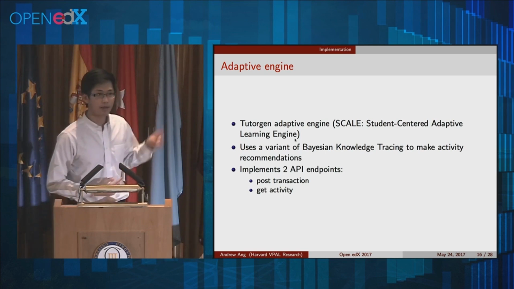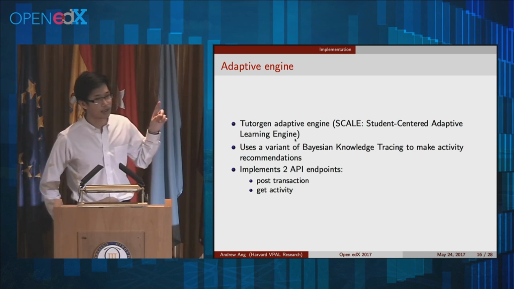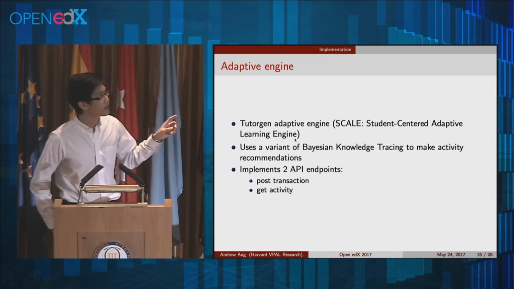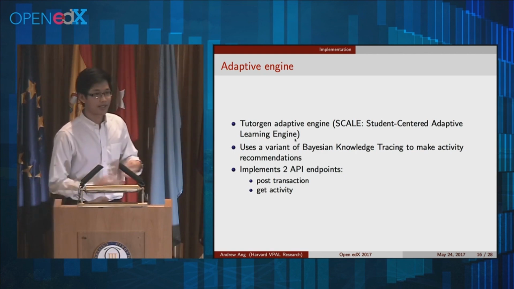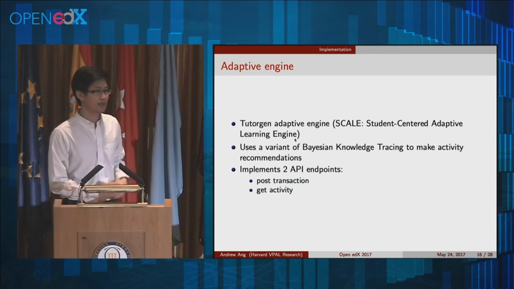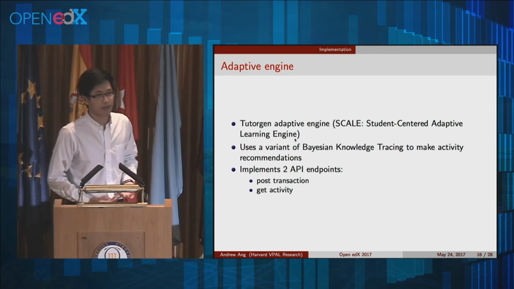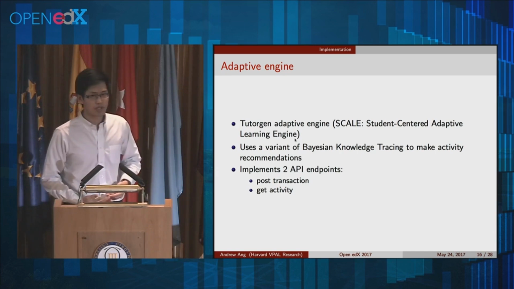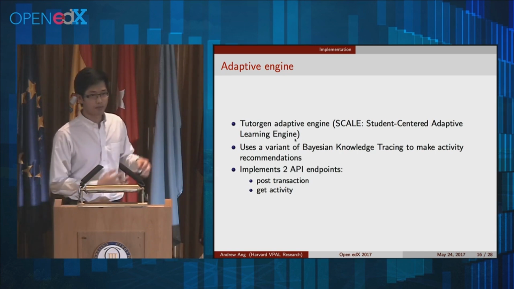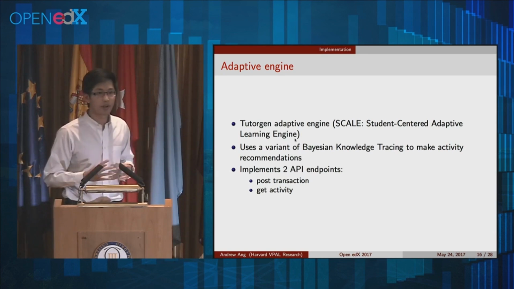And then whenever students click the next activity button, that means Tutorgen calculates, based on its current model and current data that it knows about the students, which activity is right for them. And it does it based on the fact that we've tagged all the problems with learning objectives.